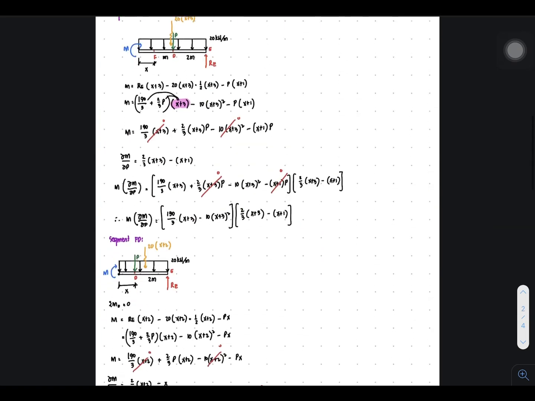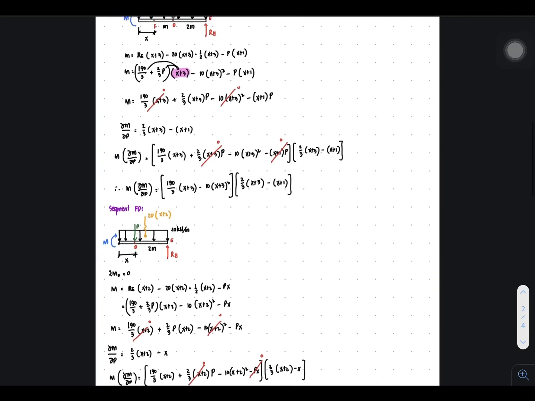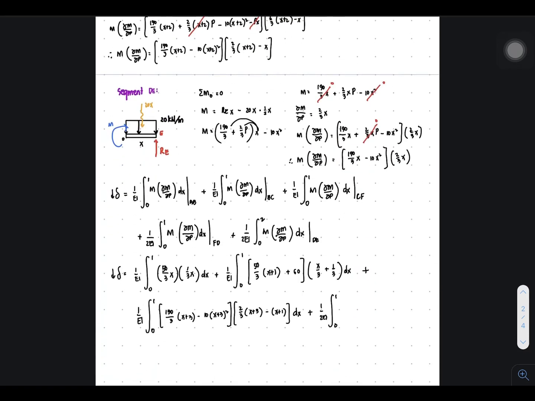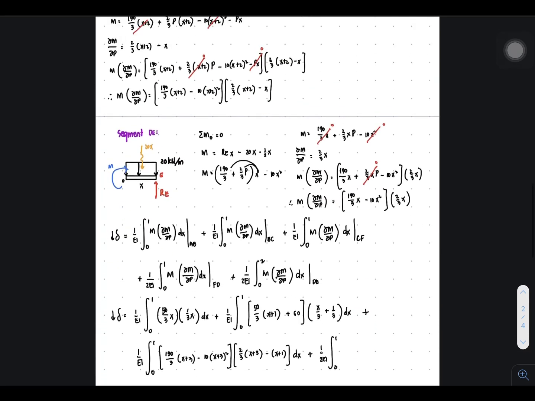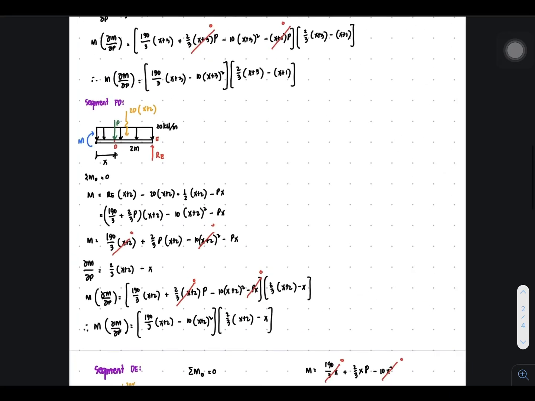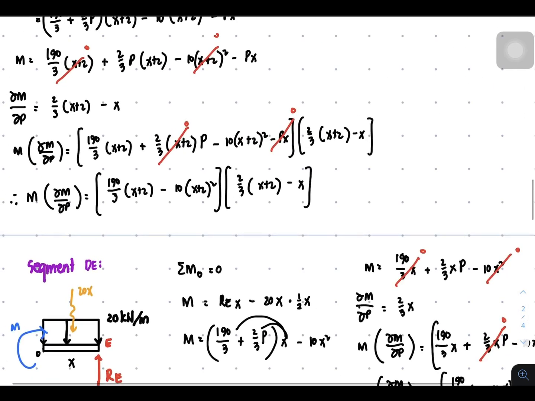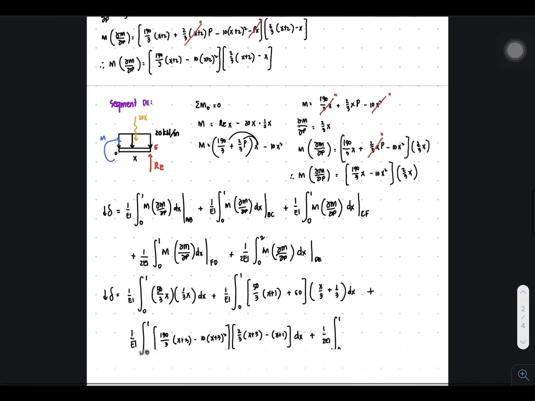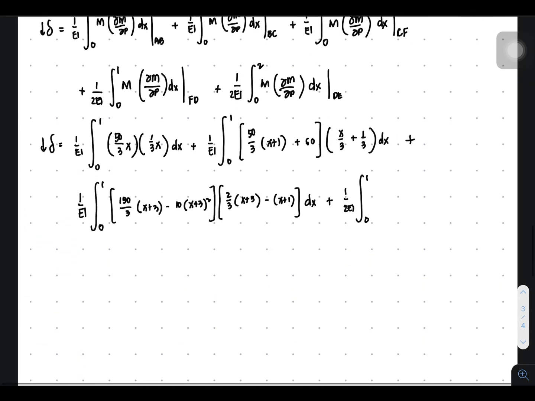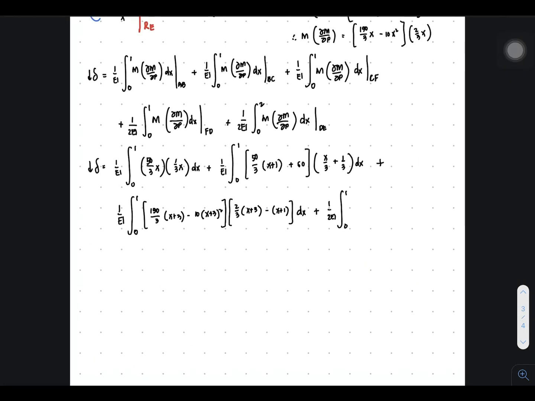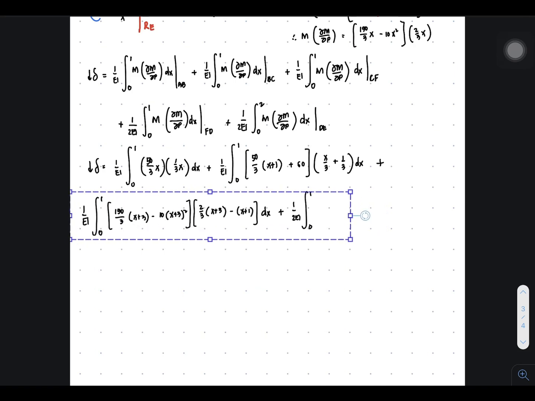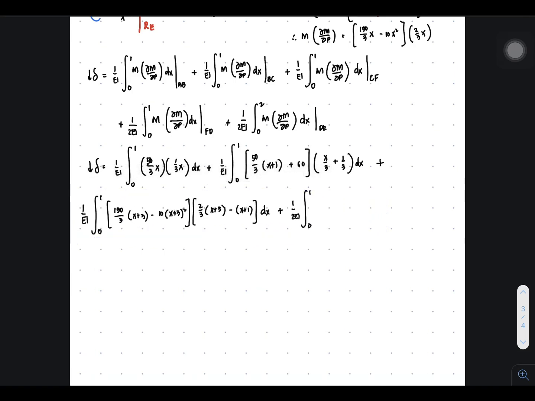AB, BC, CF, FD. So FD here. Copy FD. Let me just move it here. And then paste this one.